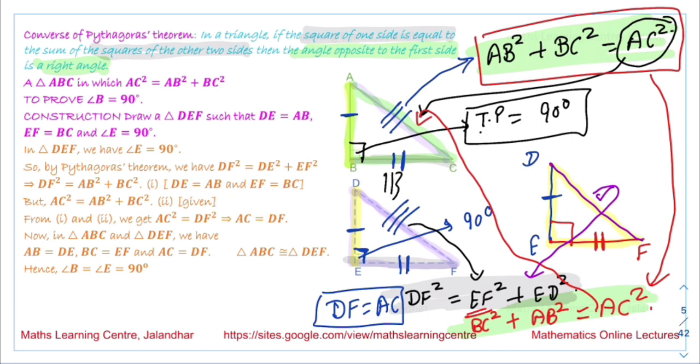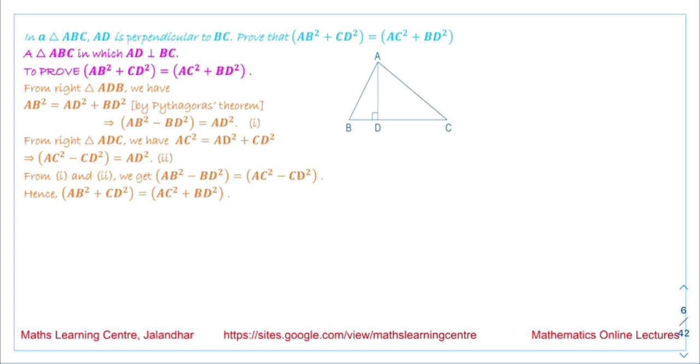So we have proved that the triangle ABC is congruent to triangle DEF. And if these two triangles are congruent, it means these two angles we are talking about are equal, and this is what we have to prove, that this angle is equal to 90 degrees.